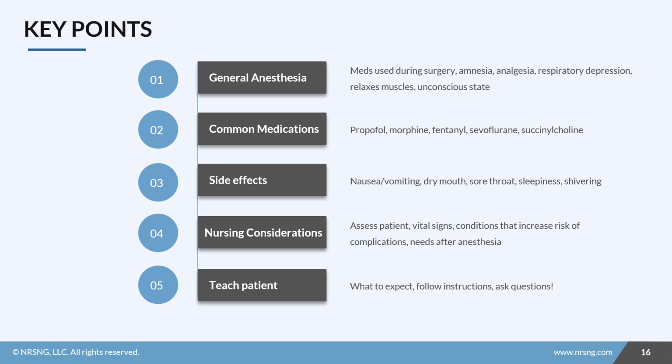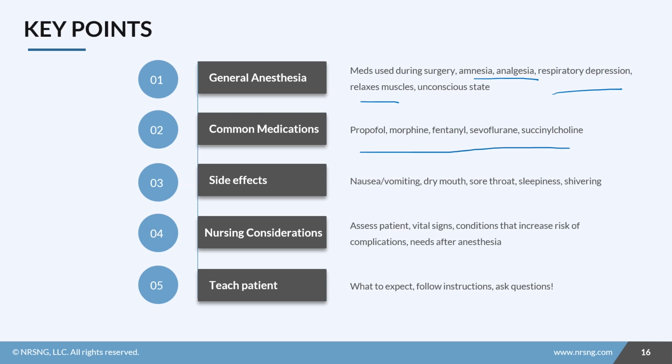Okay, some key points to take with you. General anesthesia includes giving a combination of medications to the surgical patient that produces an unconscious state without memory and pain, relaxation of muscles, and respiratory depression. Common medications include propofol, morphine, succinylcholine.